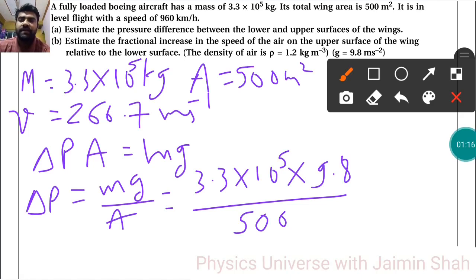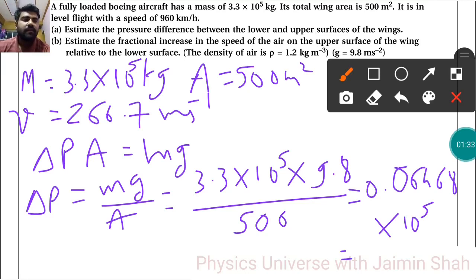So 3.3 × 9.8 upon 500 gives 0.06468 × 10^5. The answer will be 6468 Pascal. This is the pressure difference, 6468.